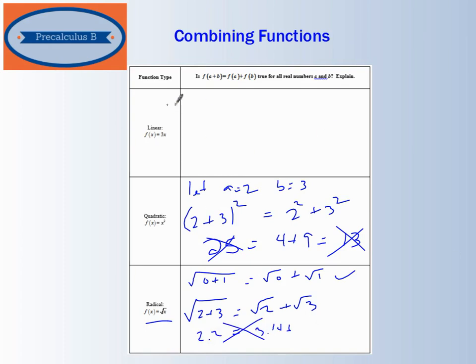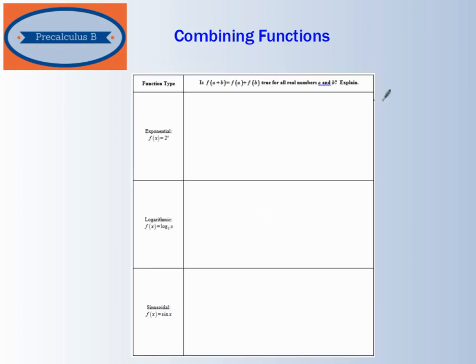So we saw it works for linear, but you may be seeing a pattern that this does not work for everything. For exponential, once again, it's going to work for some and not all. We could go through examples. If you want to see one where it works, let a equal 1 and b equal 1.